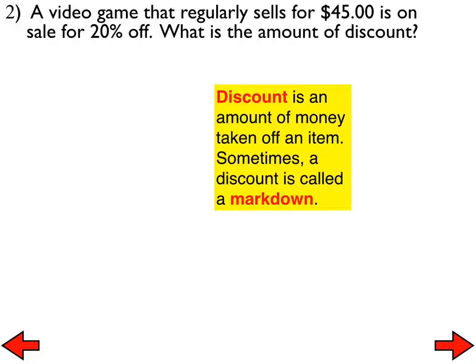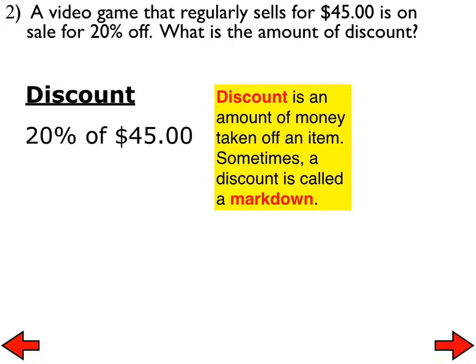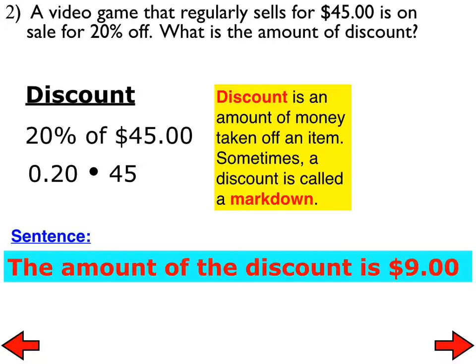By the way, you've got a couple of places in your notes where you have to fill some things in. So we're finding the amount of the discount. In essence, what we're finding is 20% of $45. That translates into a math problem like 0.20, because that's what 20% is as a decimal, multiplied by 45. And so that means the amount of the discount is $9.